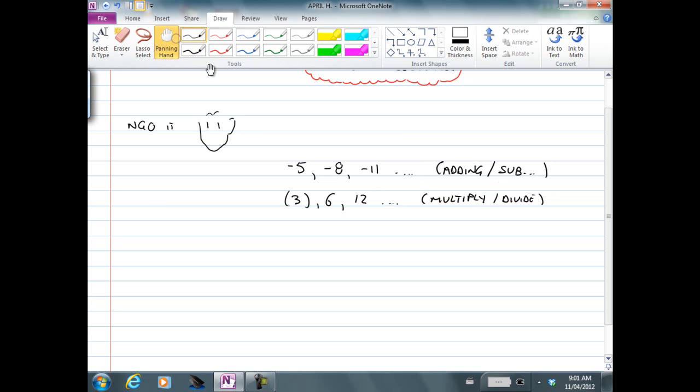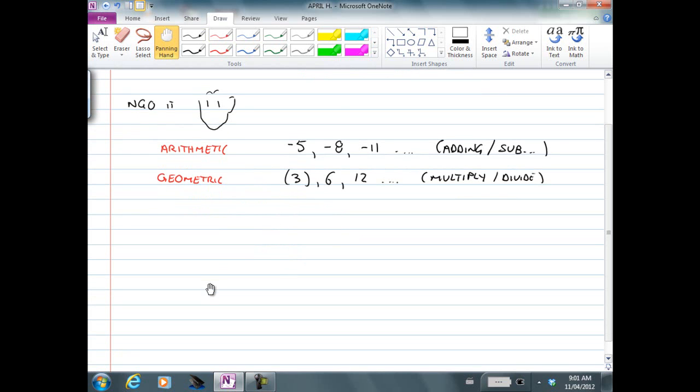Adding and subtracting is really arithmetic. Multiply and divide is actually called geometric. So there's a difference. Arithmetic is when you add or subtract. Geometric is when you multiply, or some people call it divide, but really it's all multiplication.